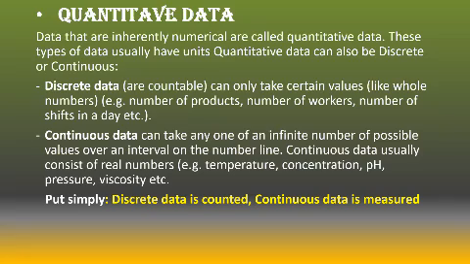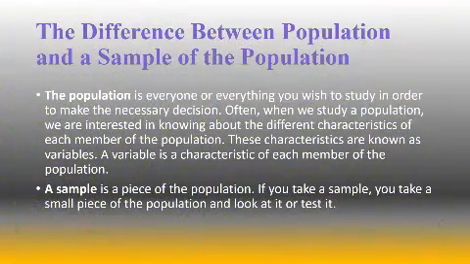So a statistic is a number that describes a characteristic of the sample. So while a parameter describes a characteristic of the population, a statistic describes a characteristic of the sample. So basically that's what the difference between a parameter and a statistic entails.